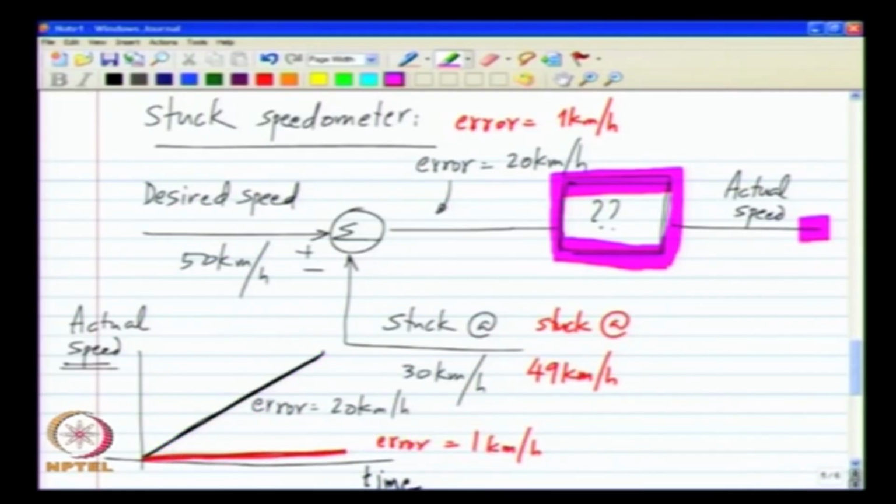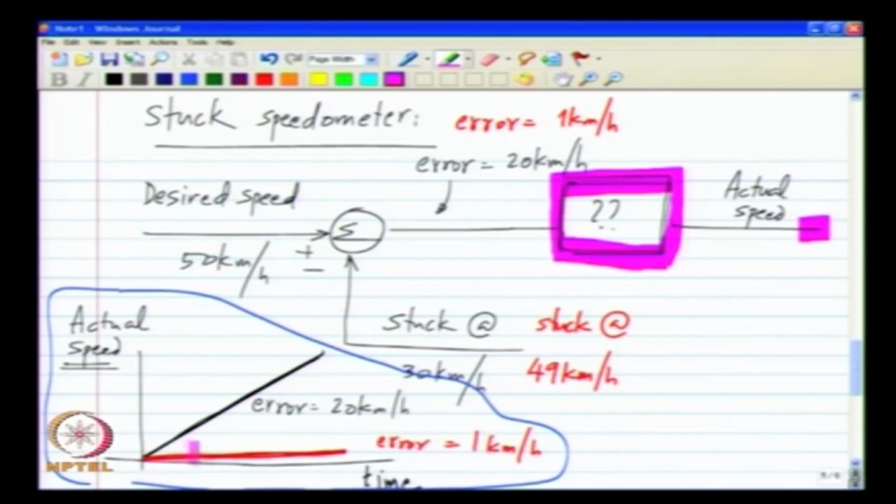So simply looking at this tells you the action that you need. What is a block that gives you an increasing output when the input is a constant, and also the rate of increase depends on how much the input is? If the input is very small, the rate of increase is very small. If the input is very large, the rate of increase is very large.